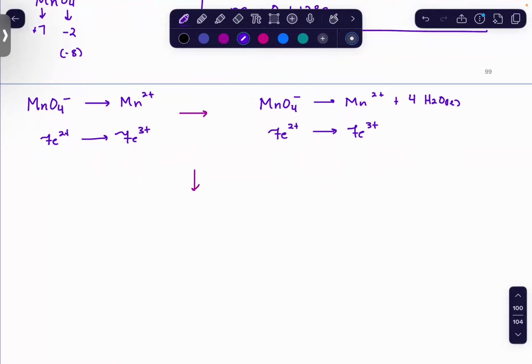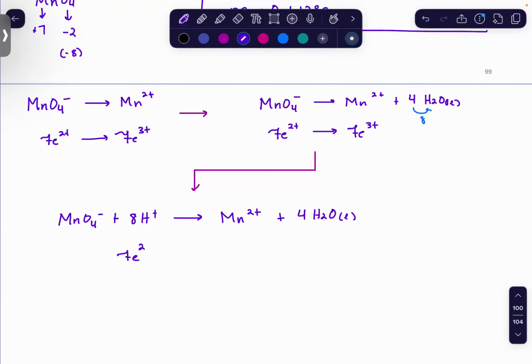Okay, so we have 4 waters, so that's 8 hydrogens. That means I need 8 protons on the left. And like we said, we're still fortunate the iron doesn't need anything.